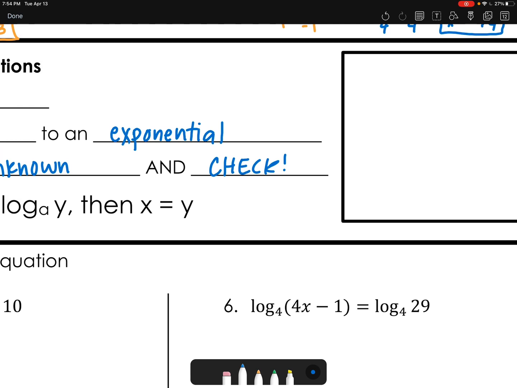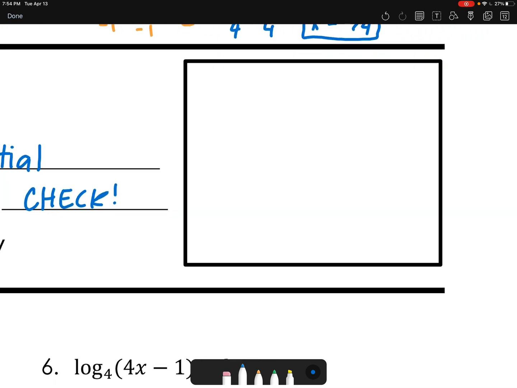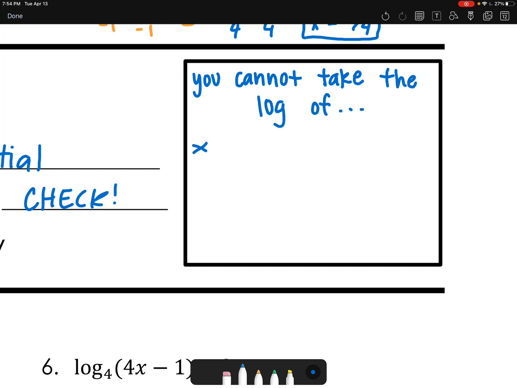We had to make sure to not get a negative under the square root. So similarly with logs, what's important here is you cannot take the log of 0 or negative numbers.